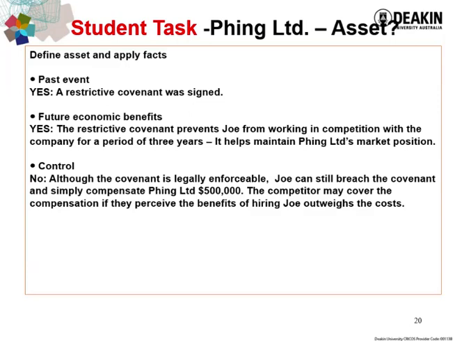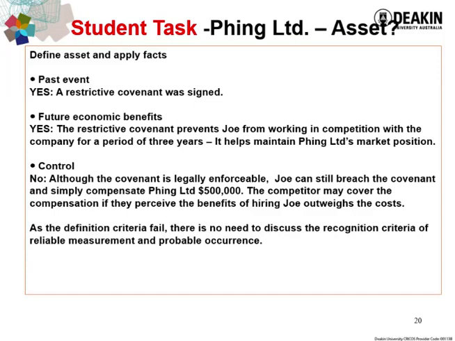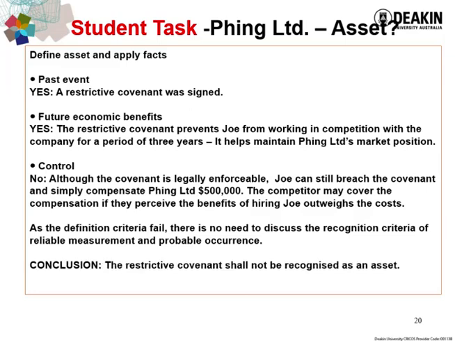So you'll find that human is not controllable after all. Because it does not meet all the definition criteria of an asset, we do not need to discuss the recognition criteria of probable occurrence and reliable measurement. And always give your conclusion, guys. So in this case, the restrictive covenant cannot be recognized as an asset.